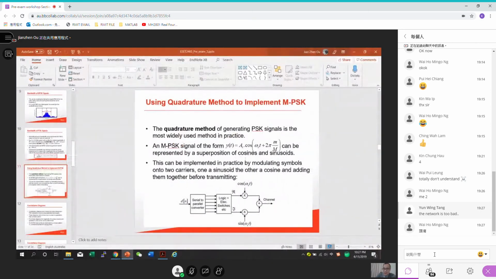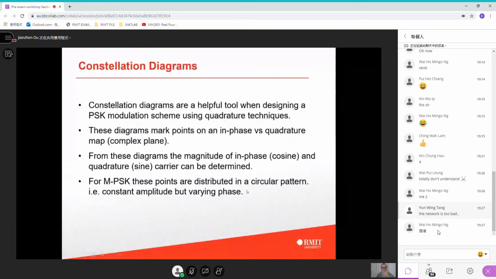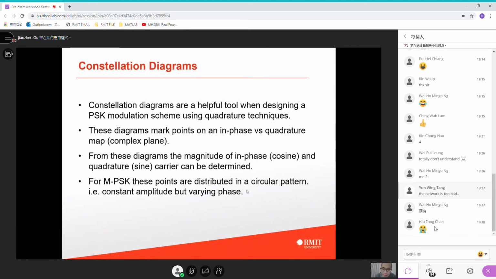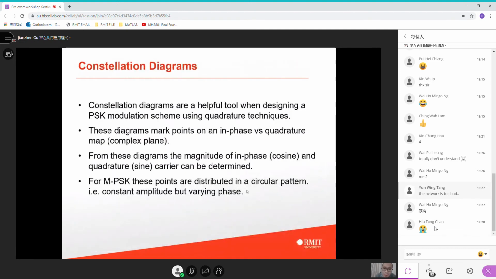Okay, so let's go again. The constellation diagram is very important. If you don't understand the superposition, lucky we have the constellation diagram to solve the problem. Actually, you don't need to care about the superposition of cosines or sines.